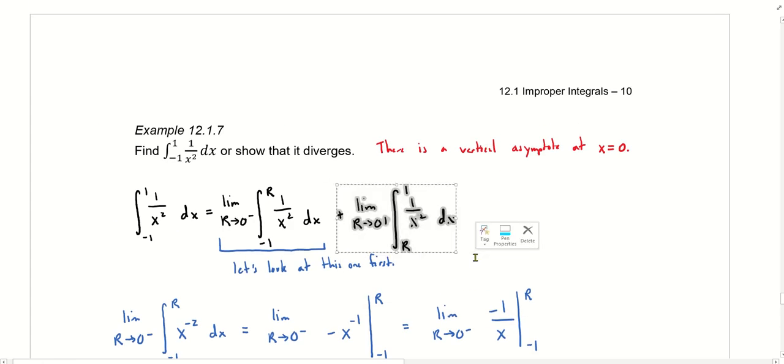If it converged to 4 as well, then we would say the original integral converges. Or if it converged to something else, then it would be 4 plus whatever this thing converges to, and that would give us the end result. But since we showed that this first one is divergent, that means that the original integral is divergent as well.